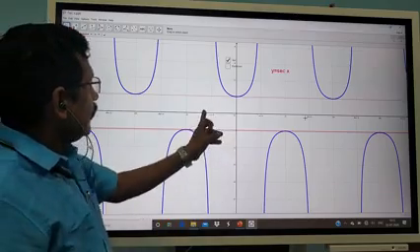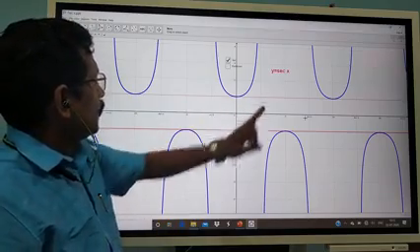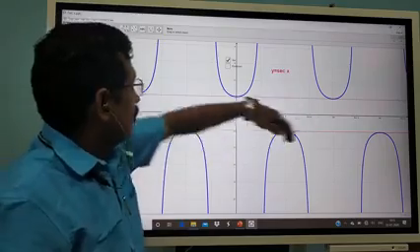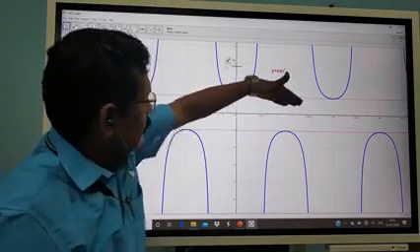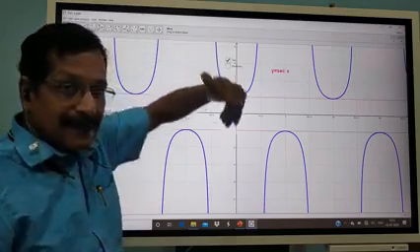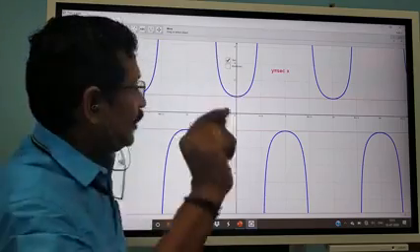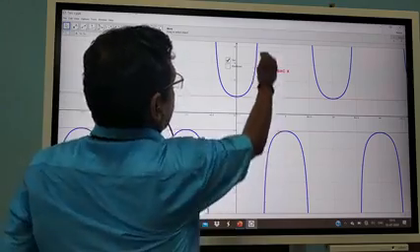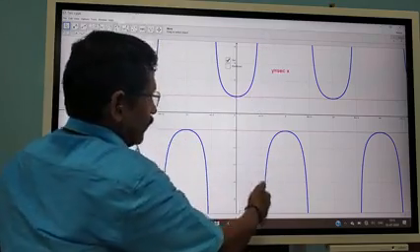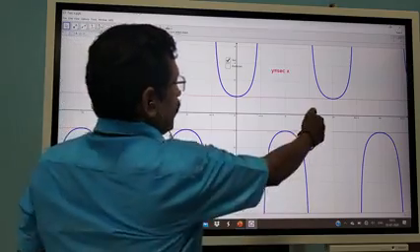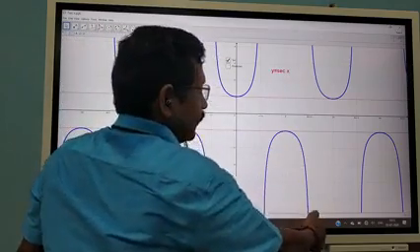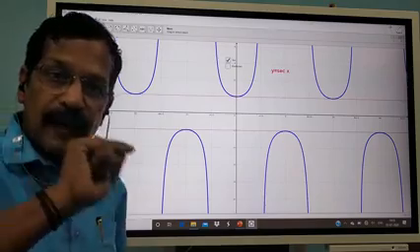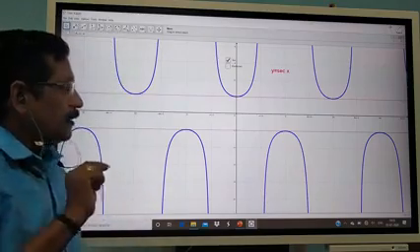From minus pi by 2 to pi by 2, the secant function is not taking a value at pi by 2. And 3 pi by 2 also is not taking values. So we have to restrict the domain.